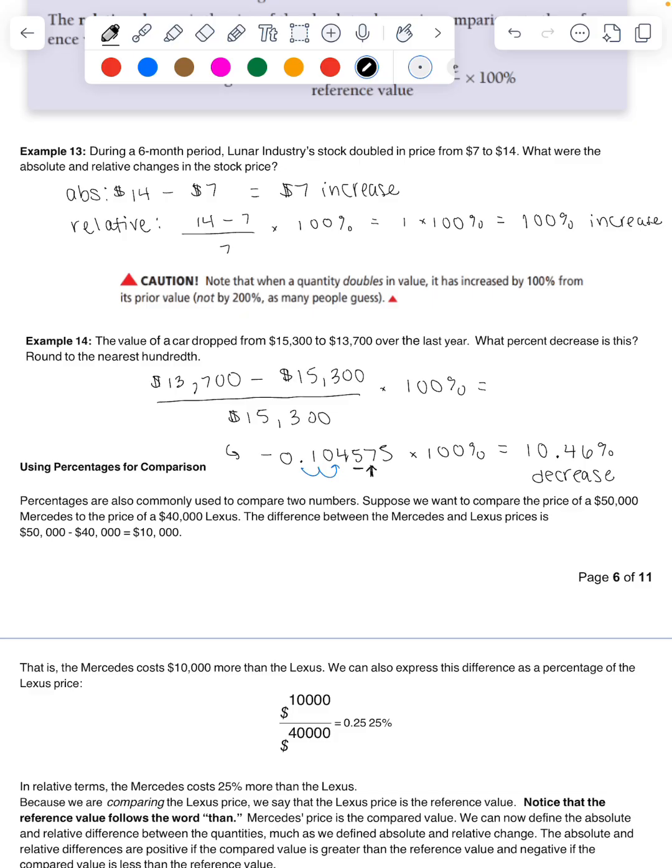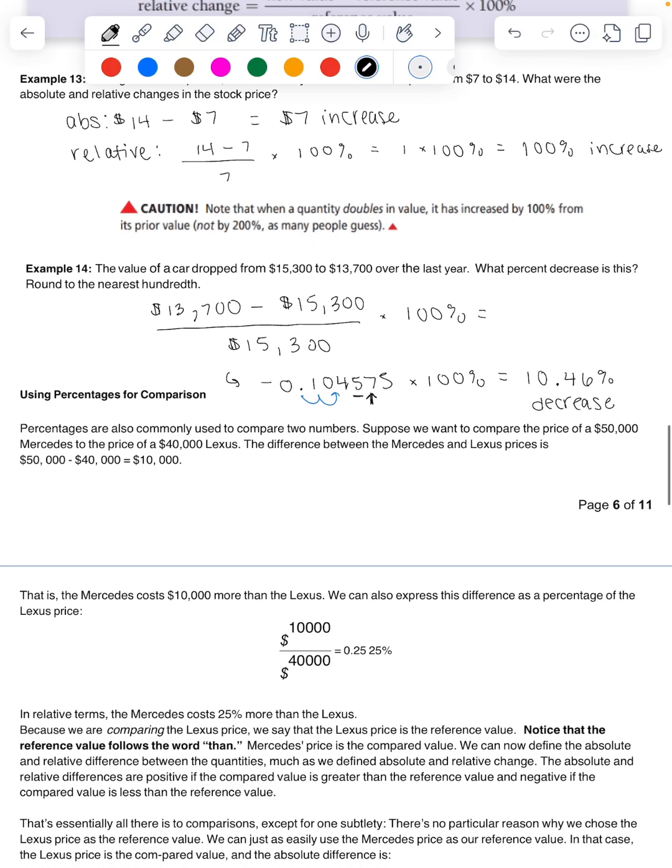Percentages are also commonly used to compare two numbers. So suppose we want to compare the price of a $50,000 Mercedes to a $40,000 Lexus. The difference is $10,000 if we just take the $50,000 minus the $40,000. But let's express the difference as a percent of the Lexus price. This isn't really new minus old because there isn't a new and an old.